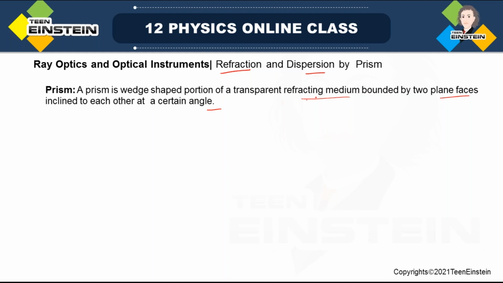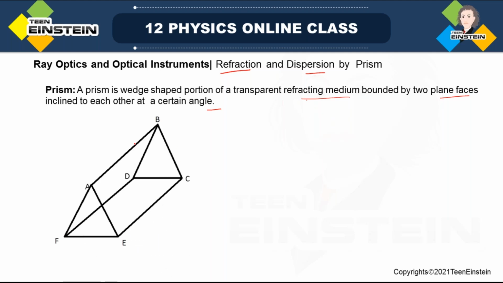So a prism is made of a refracting medium, like it can be made of glass or any transparent medium. In the laboratories, what we will be using are made mainly of glass.